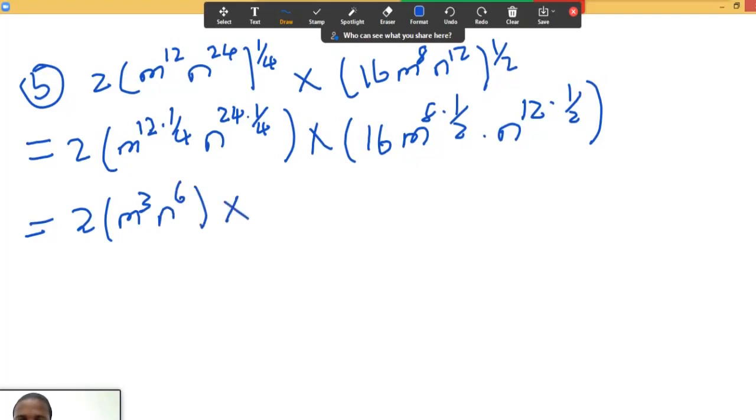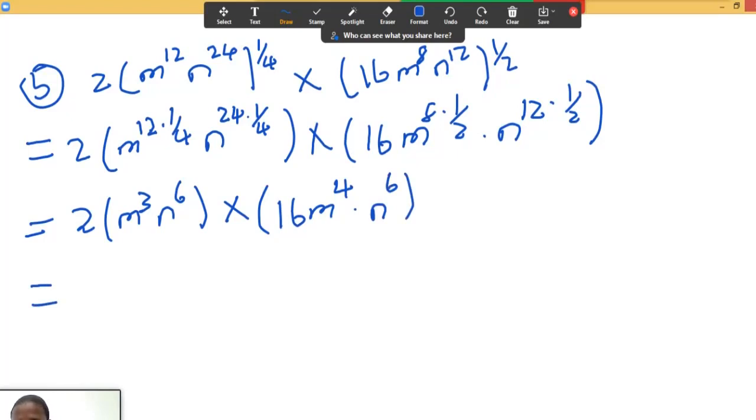Then we still have multiplication, and in this case just saying 16 m 8 times half, it should give us 4, and then because it's just 8 divided by 2, then we still have our n here, and then 12 divided by 2 shall give us 6, and then we're looking at our next step.